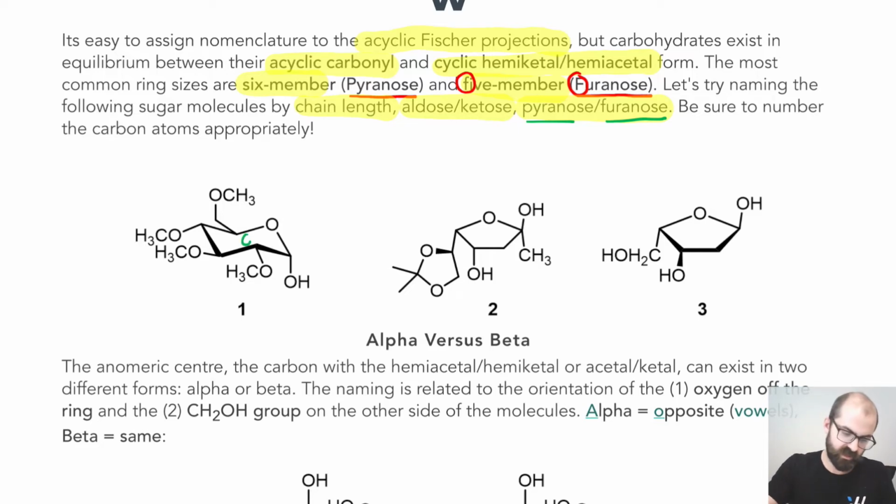In the case of number 1, we have 6 atoms in the ring, so this would be a pyranose. Number 2, we've got 5, so this is a furanose. And number 3, we've got 5 as well, so this is a furanose.